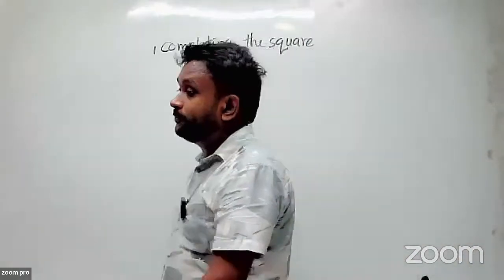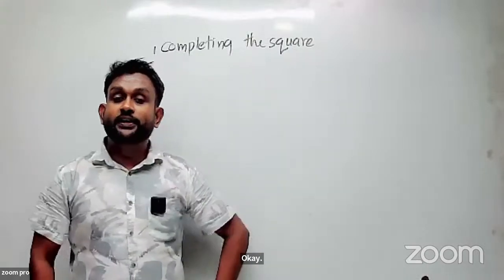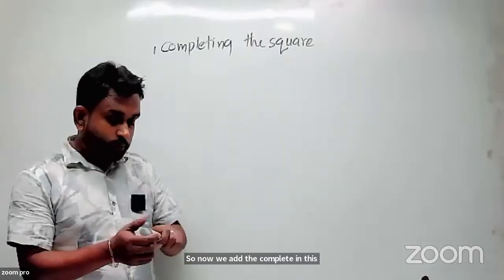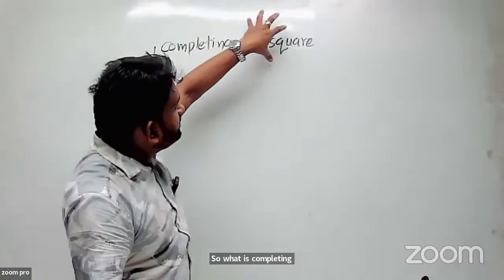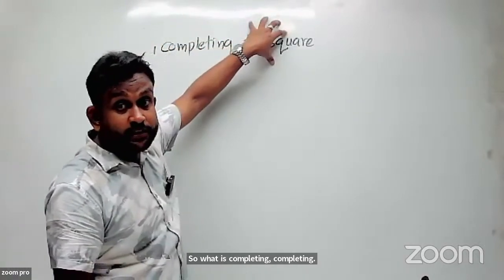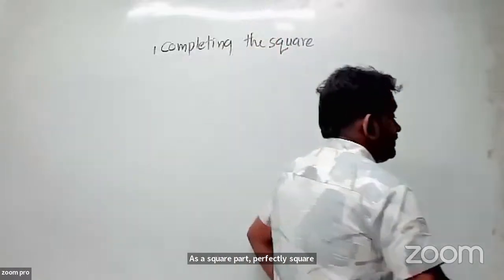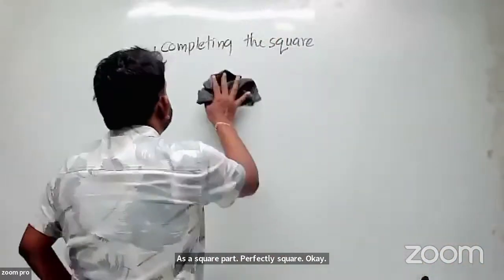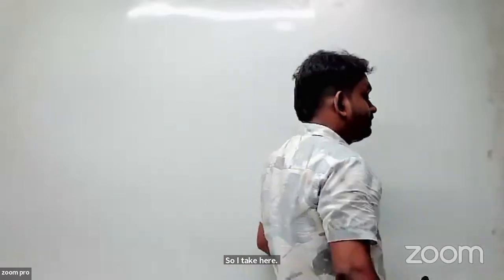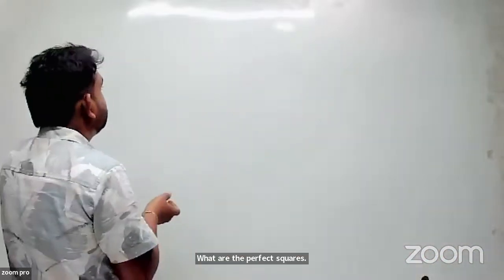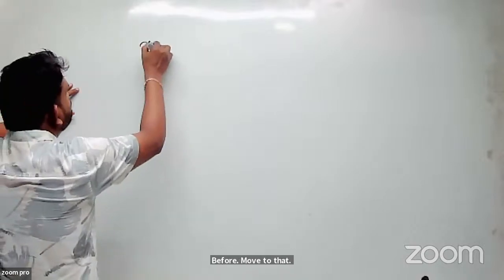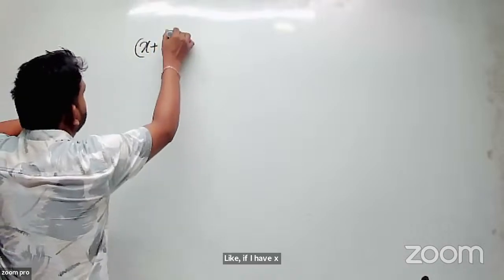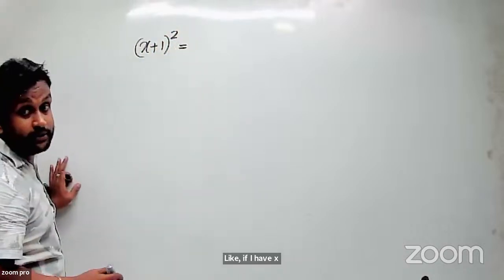Okay, now we are at the completing the square part. What is completing? Completing as a square part, a perfect square. Imagine, if I have (x plus 1) whole squared, how do we expand it?